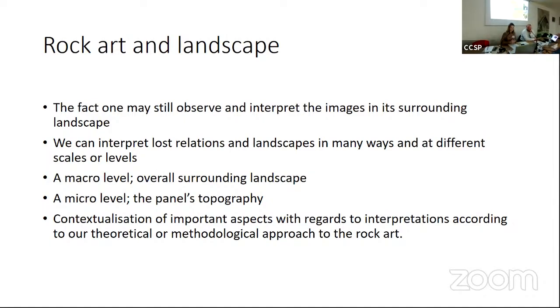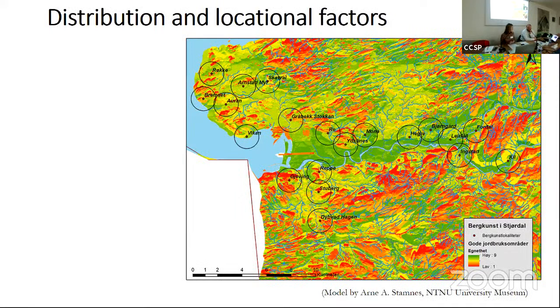So, starting at the larger scale, the landscape can be used to get information about how the rock art appeared in the landscape. To make distribution maps, it can show the rock art pattern in the landscape.